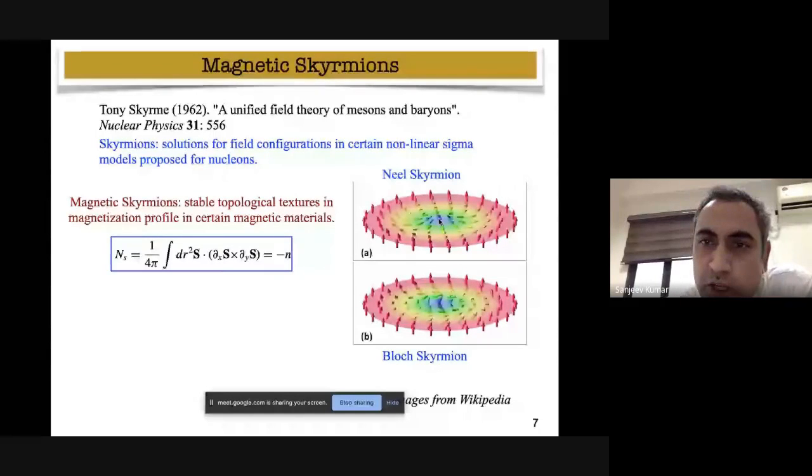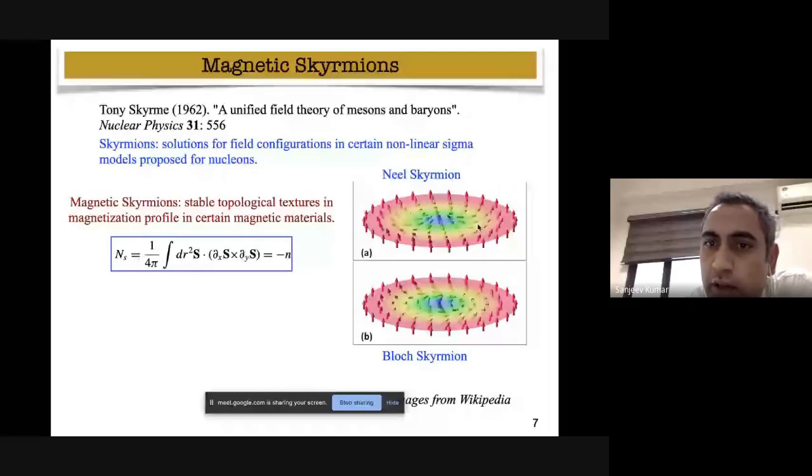So look at the configurations on the circumference. All spins are pointing up. And if you go away from it, everything will keep pointing up. So it's like a ferromagnet out there. But when you come inside this, the spins have started tilting. And eventually at the core, the spin is pointing down. So this can be seen like an excitation in a ferromagnet.